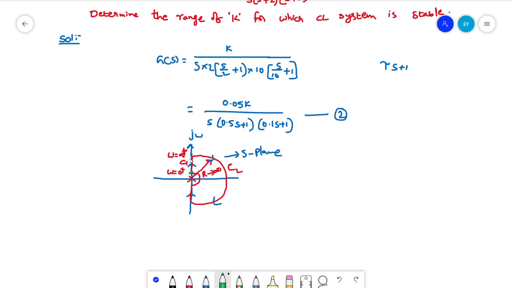From this point to this point is C1. From the end of C1 to this point, this is C2.